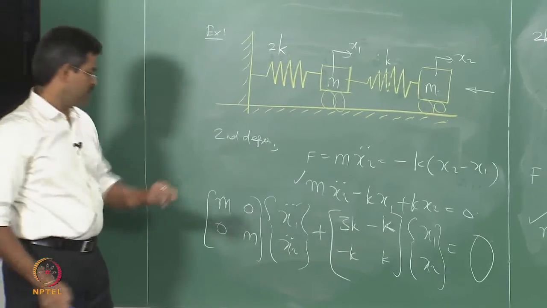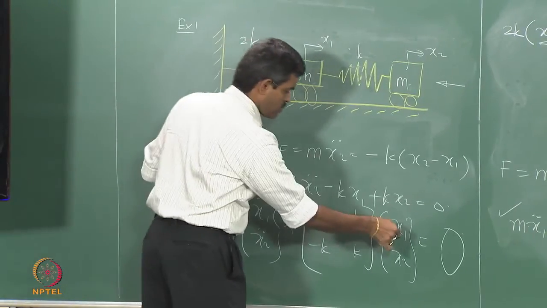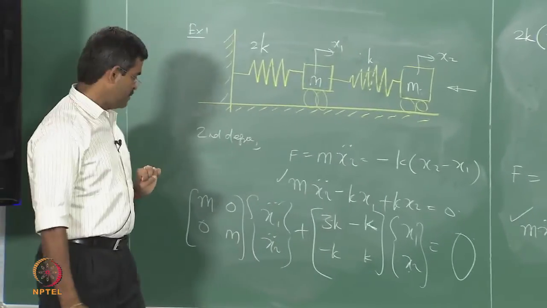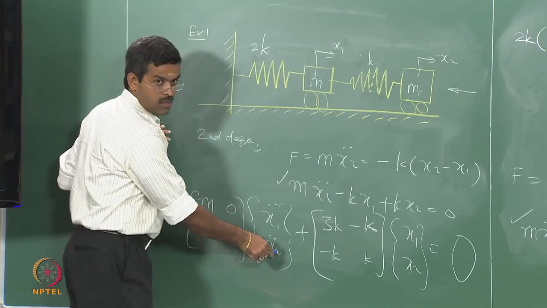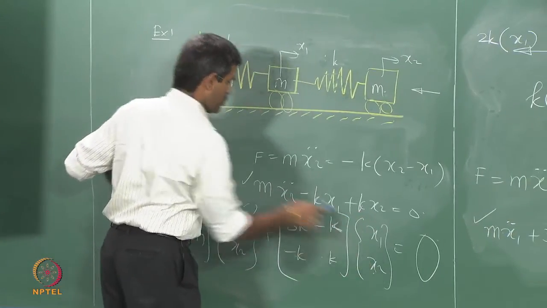Let us read this matrix. m x1 double dot plus 3k x1 minus k x2 is 0. Similarly, m x2 double dot minus k x1 plus k x2 is 0, that is what I am having here.